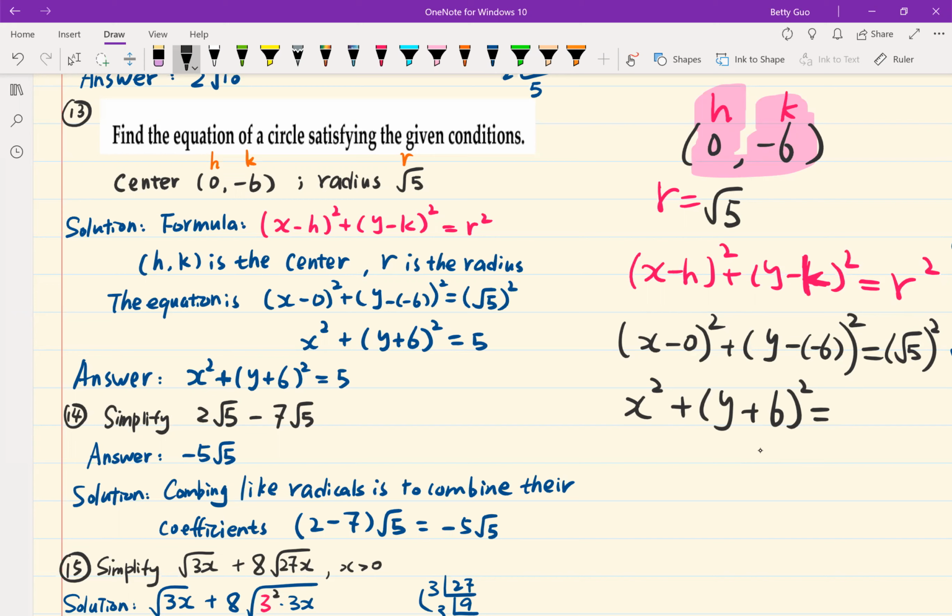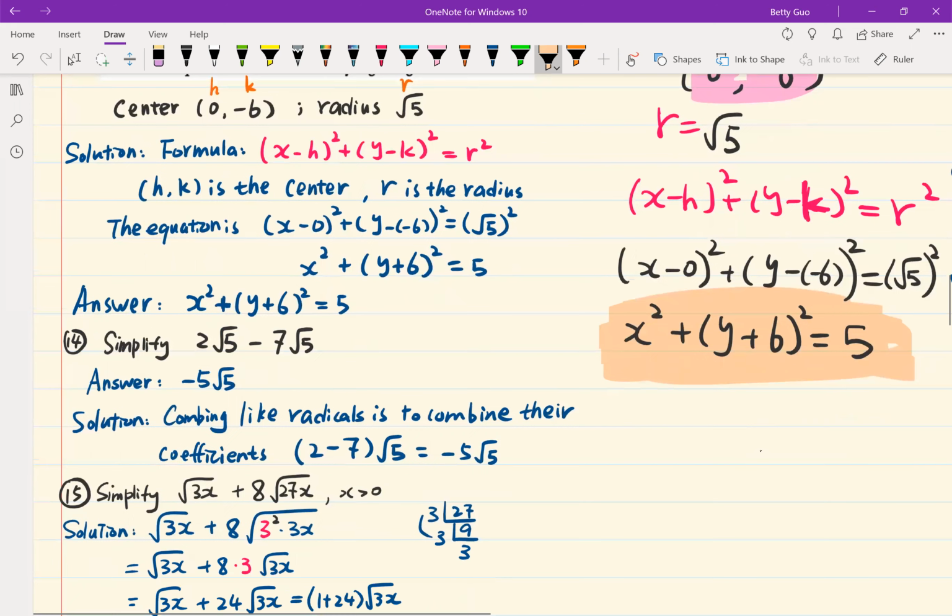Root 5 times root 5 equals what? 5. Here we go. That's the result you are looking for. The equation of the circle centered at 0, -6 with the radius root 5 is this one. Yes, straightforward application.